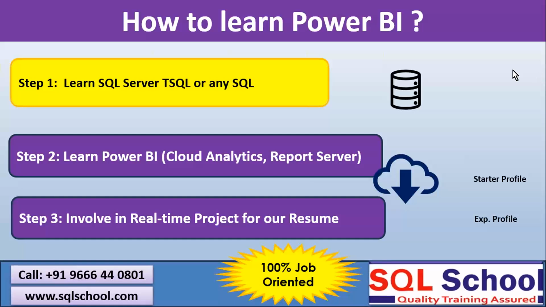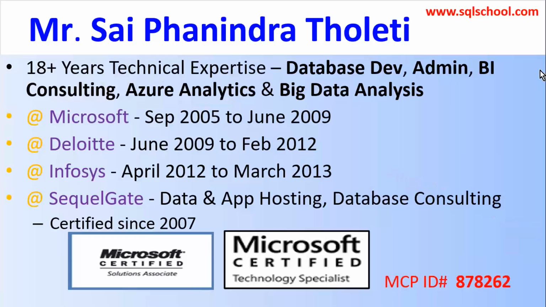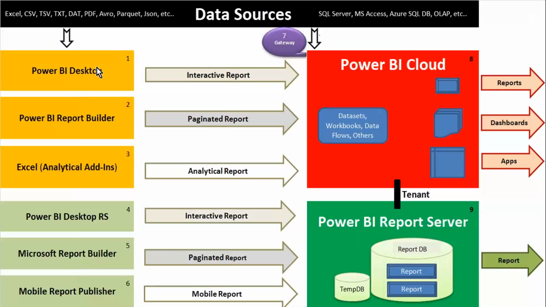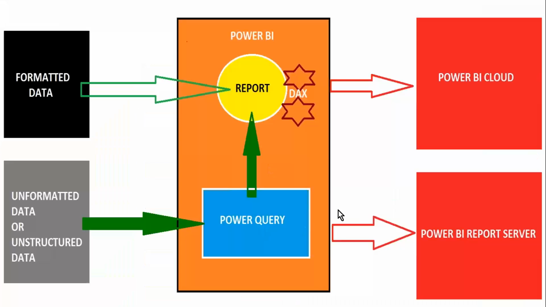Come on, let's get started now. Slowly, step by step, learning Power BI from scratch, right from the basics. We'll start from the very basics. So just to make it clear, we are going to have total 7 different tools, 6 design tools, 1 gateway, 2 hosting environments. We need to slowly understand the entire ecosystem and also understand something called Power Query and DAX.